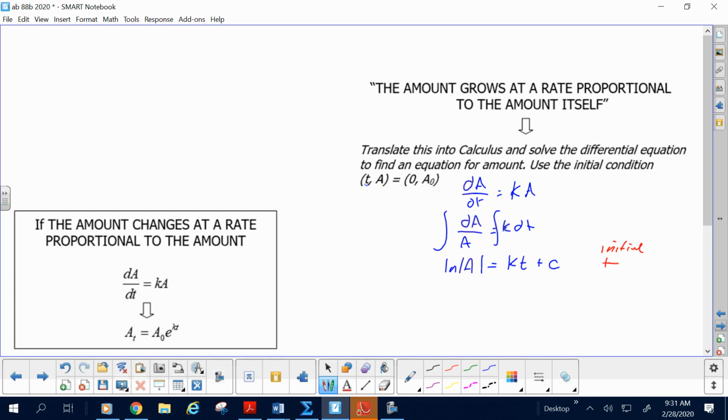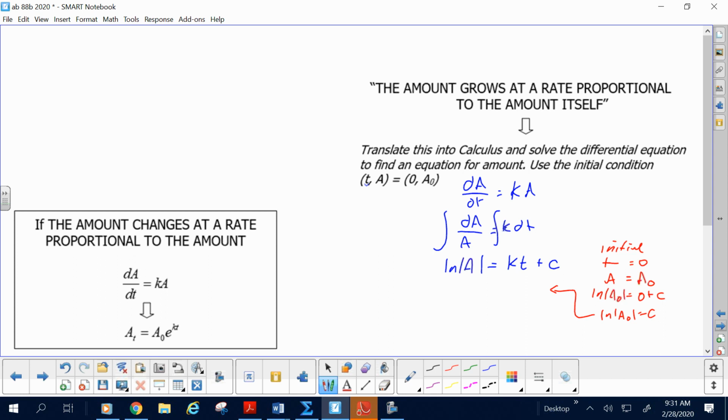At time equals 0, the amount can be thought of as the initial amount, yeah? Now, if I put that case in, then I get natural log of A initial equals 0 plus C. C looks like it's natural log of the absolute value of A initial. You follow?